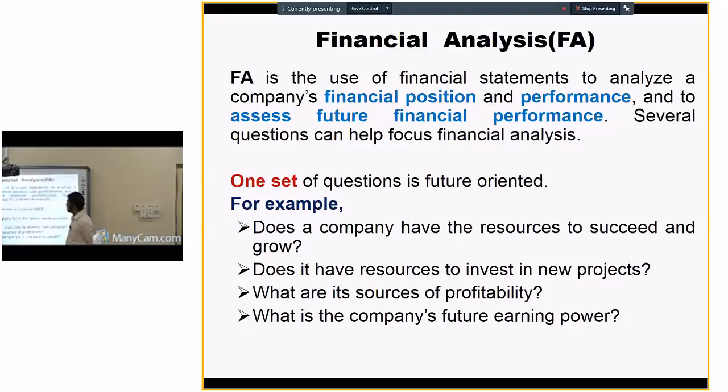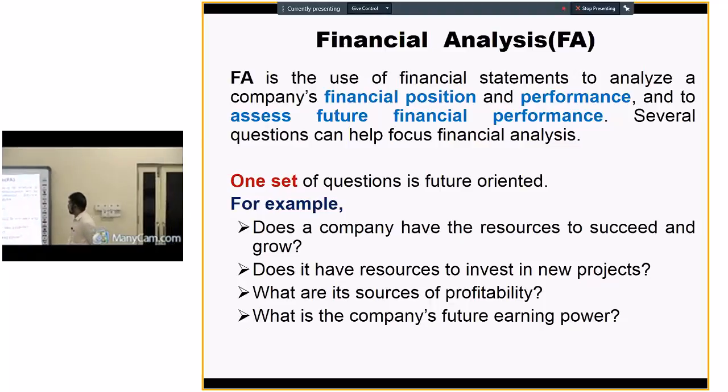The first set of questions is future oriented. Does a company have the resources to succeed and grow? After financial analysis we can get answers for this type of questions, right?